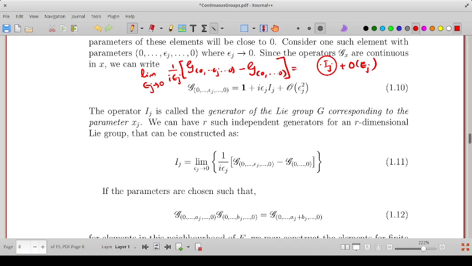This does not depend upon epsilon_j and therefore this remains I_j. But this is of order epsilon_j, and as epsilon_j tend to 0, this tends to 0. So we see that the limit epsilon_j tend to 0, 1 by epsilon_j of this term is simply I_j. So the generator I_j can be calculated using this formula: limit epsilon_j tend to 0, 1 by i epsilon_j, this minus that.